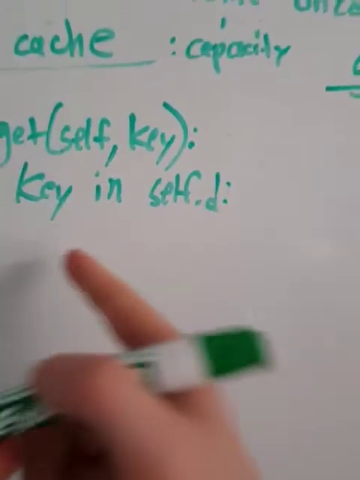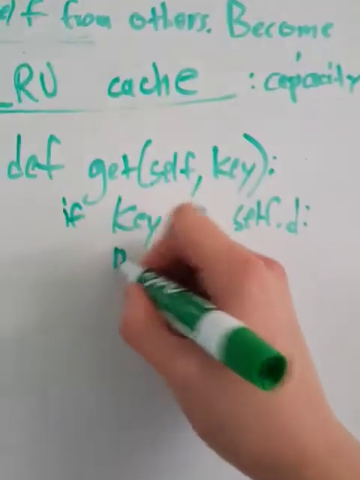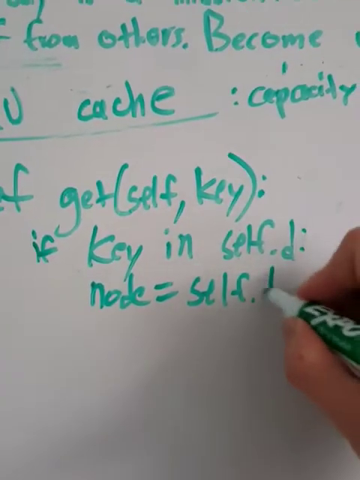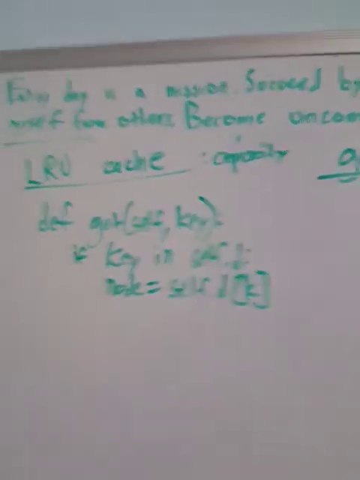Let's see. So we want to check if the key is in the dictionary, and what would that mean? If it's already there, then we want to remove it and then add it again, because when you add it again, it's now the most recently used, right? So let's say node is equal to self.d[key], and our value is going to be the node itself.